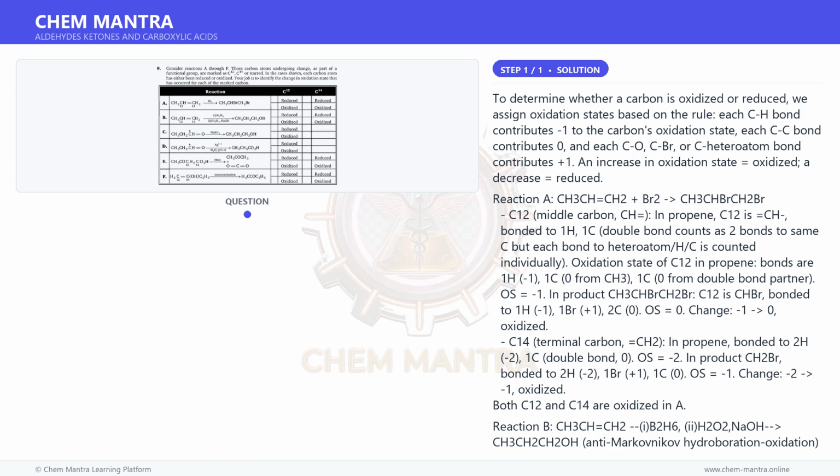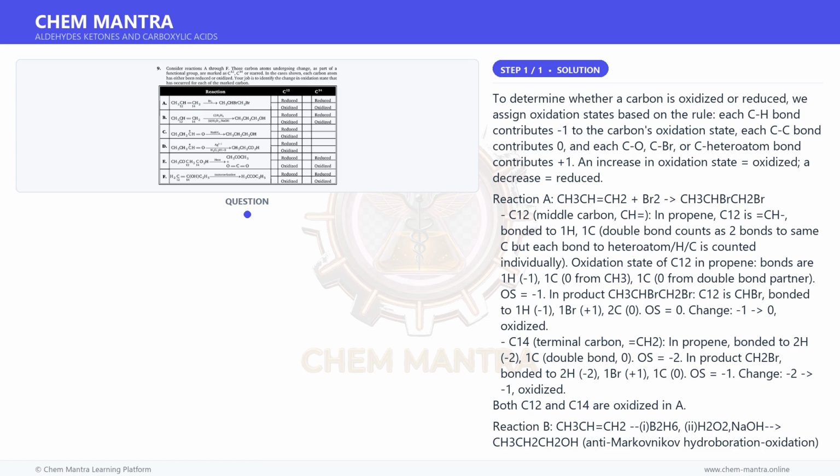In the product CH3CHBrCH2Br, C12 is CHBr, bonded to 1H, -1, 1Br, +1, and C, 0. OS is equal to 0. Change -1 to 0, oxidized. C14, the terminal carbon, is CH2 in propene, bonded to 2H, -2, and 1C by double bond, 0.